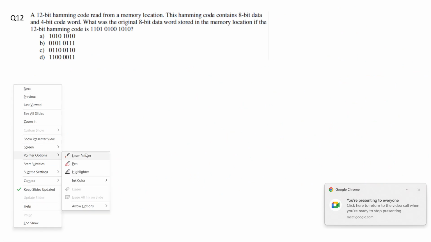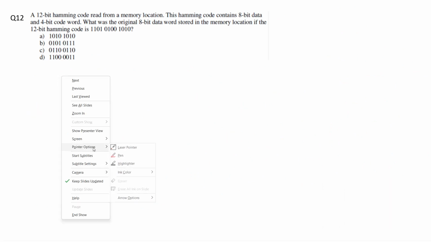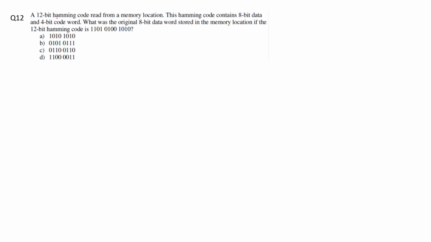So we have a question. A 12-bit Hamming code is read from a memory location. This Hamming code contains 8-bit data and 4-bit code word. What was the original 8-bit data stored in the memory location if the 12-bit Hamming code is this? So we have to find the position at which the error occurred, and then we have to find out the correct code.